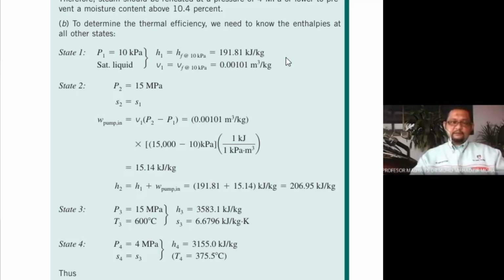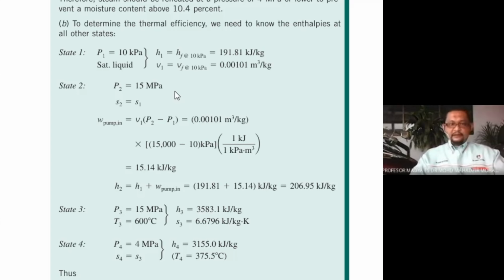H1, based on the TS diagram, is equal to HF at 10 kilopascal. So using the properties table, you can find the value of 191.81 kilojoule per kg. Okay. State number 2, also P2 is given as 50 megapascal.